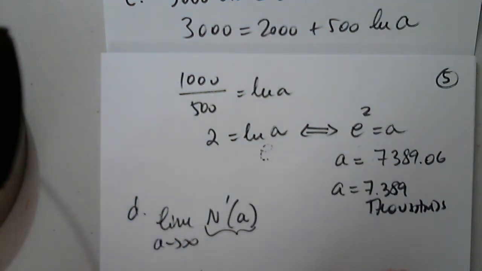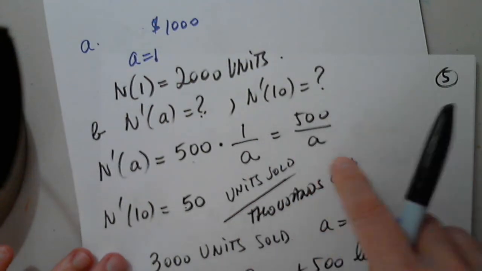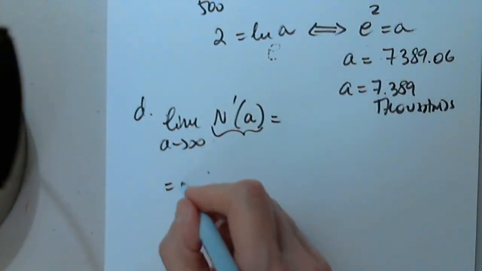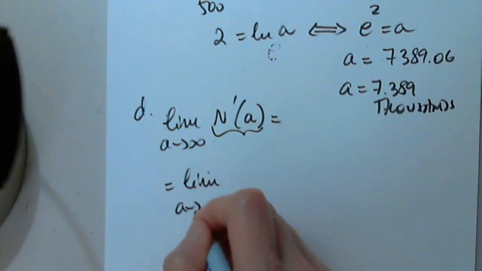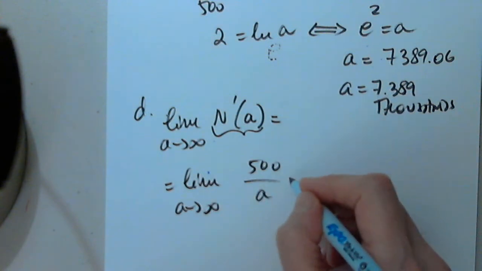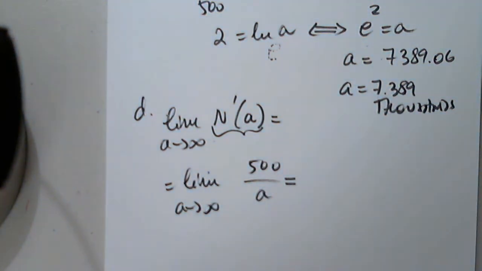If it's decreasing, then we have to do something about it. If it's increasing, we're doing the right thing. So let's give it a shot. N prime of A is 500 over A. So this equals the limit as A approaches infinity of 500 over A. Can anyone give us this limit?